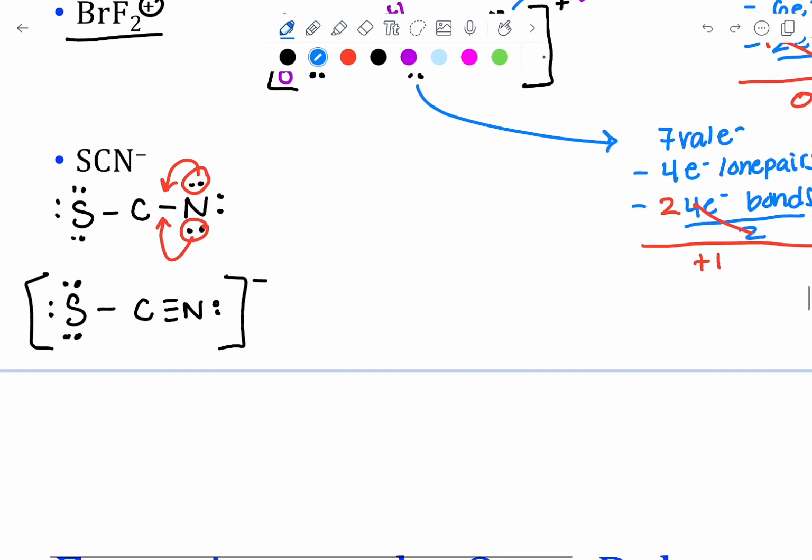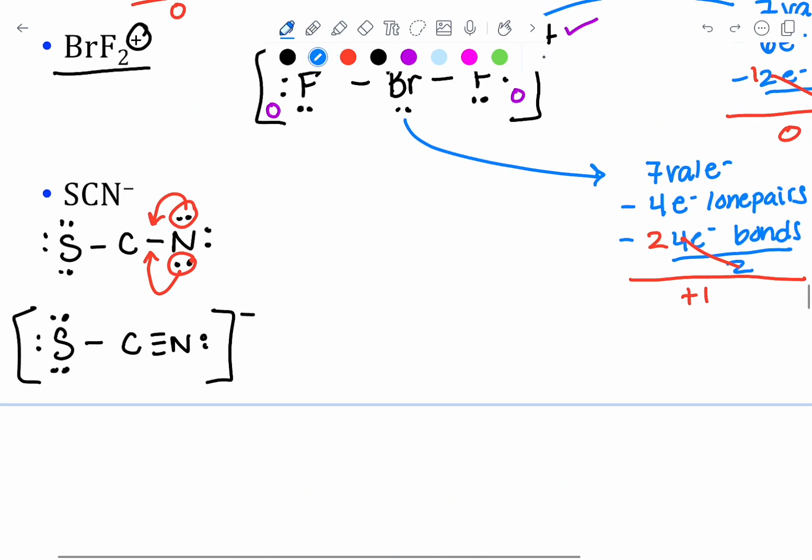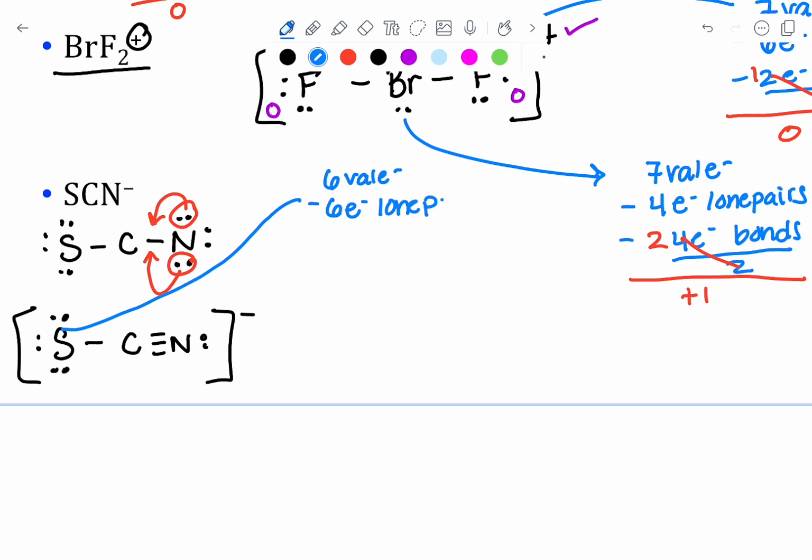Okay, so let's do our formal charges. Let's see. We have sulfur first. Sulfur has 6 valence electrons, currently has 6 electrons in lone pairs, and has 2 electrons in bonds, which we divide by 2 and simplify to 1. So 6 minus 6 minus 1 is an overall charge of -1 on the sulfur.